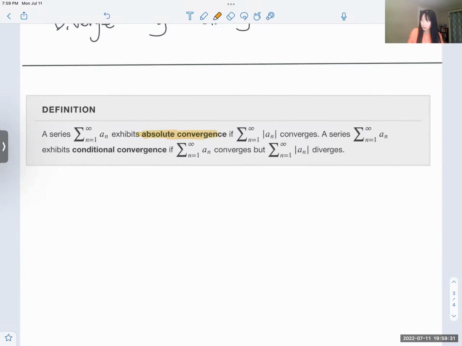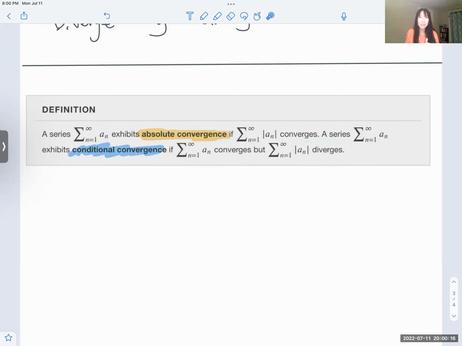Absolute convergence: we take the absolute value and it converges, then we say it converges absolutely. But conditional convergence: the original series converges, but when we take the absolute value, it diverges.